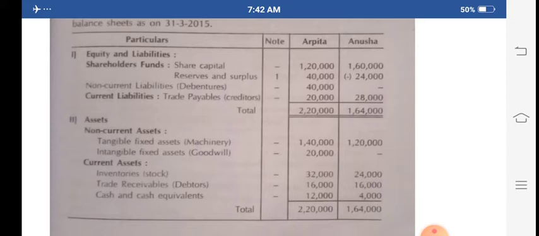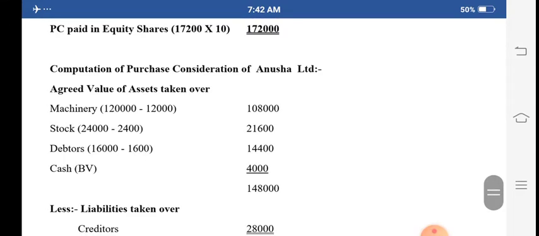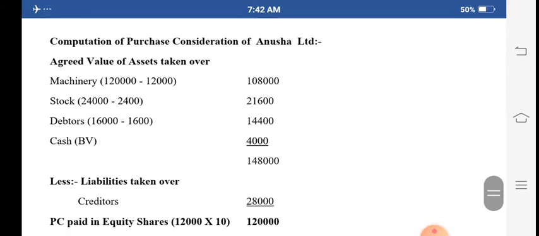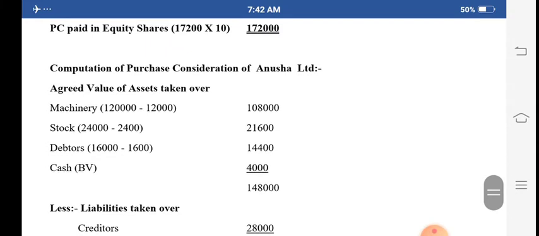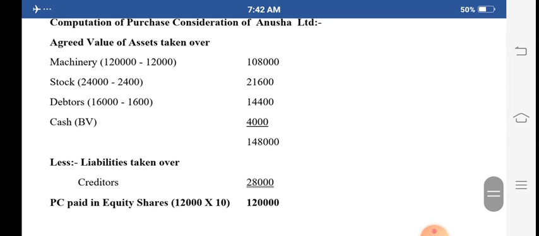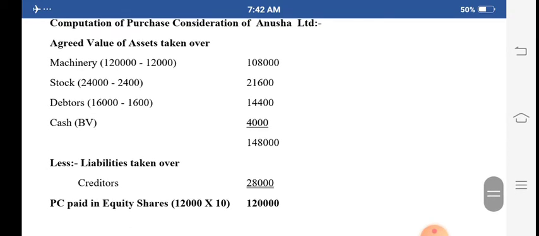We deduct this 28,000 from the total assets of 1,48,000, and the remaining balance is 1,20,000. This 1,20,000 is the purchase consideration paid in equity shares.